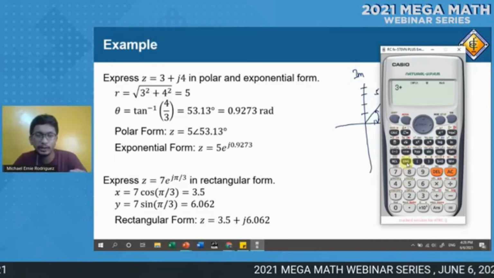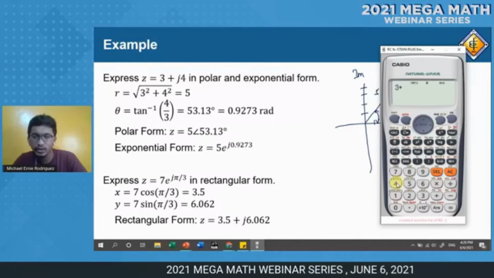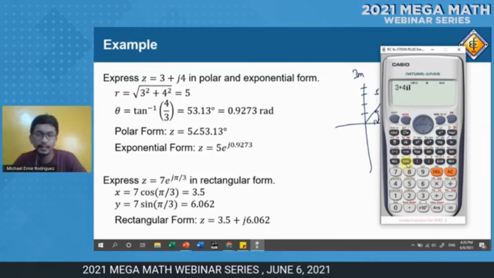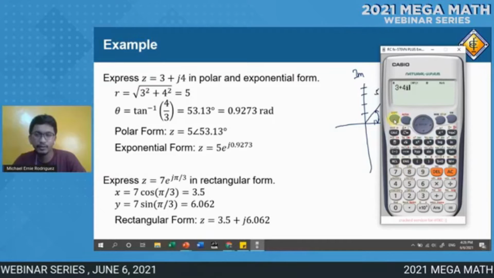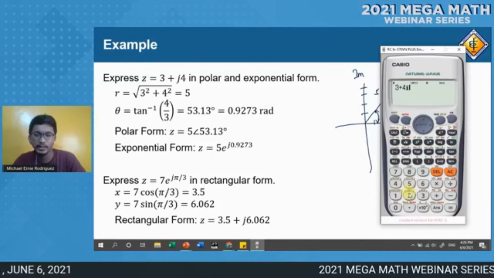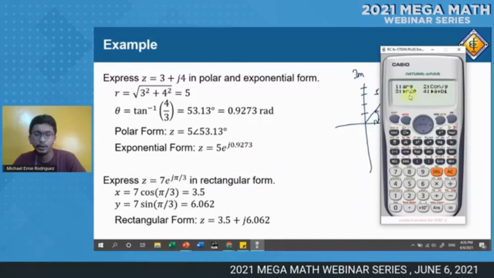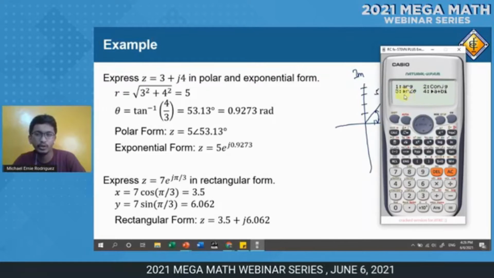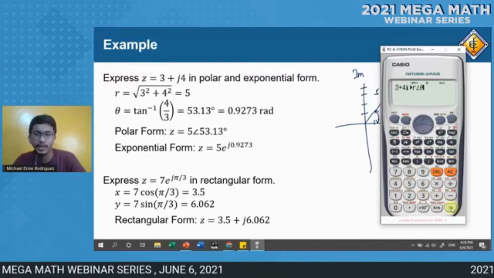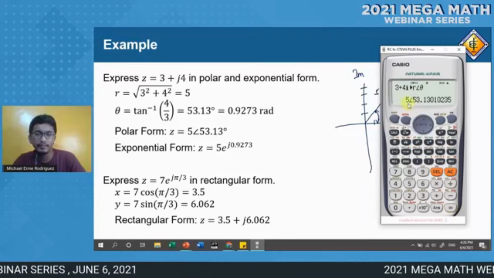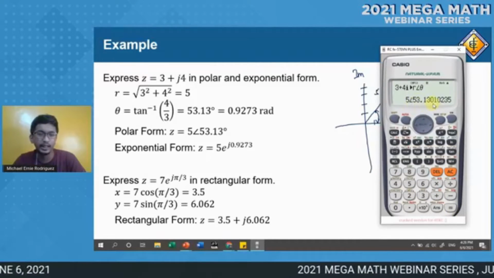We don't have j on the calculator, so that is i: 3 plus 4i. Then shift 2, that is complex, and there are four options. We choose r bar angle theta, number 3, and the answer appears: 5 bar angle 53.13.